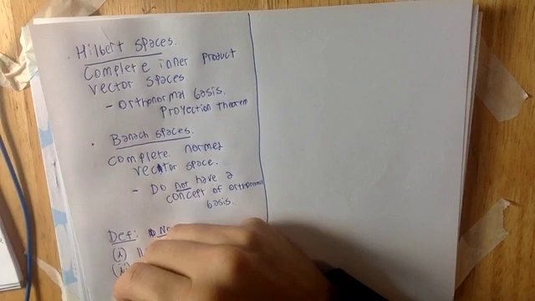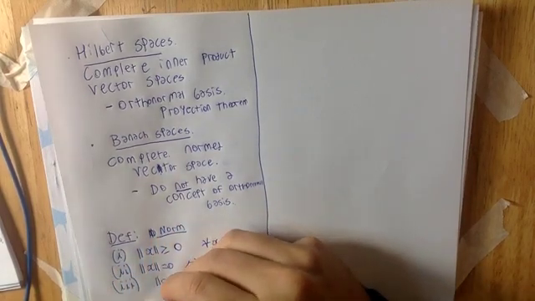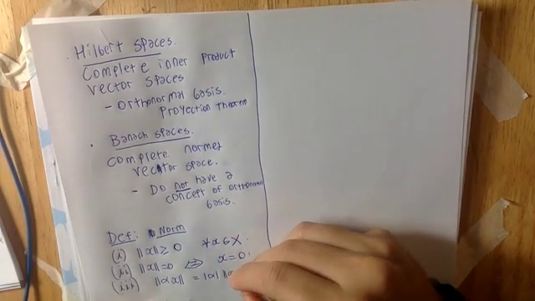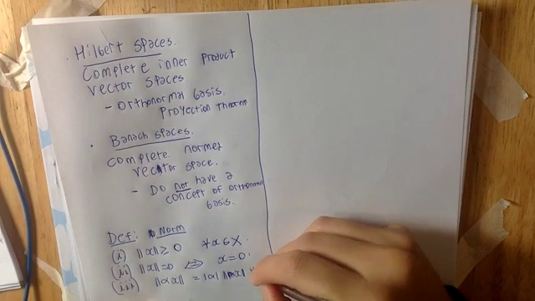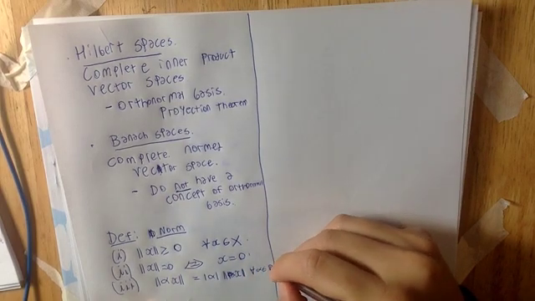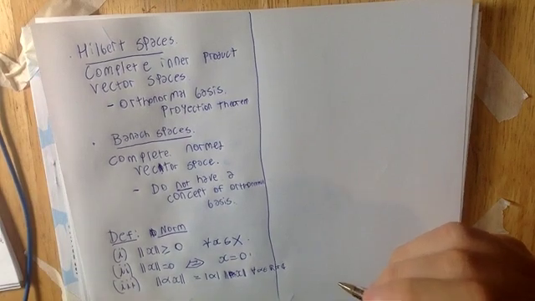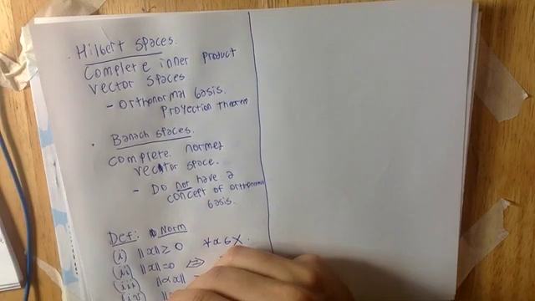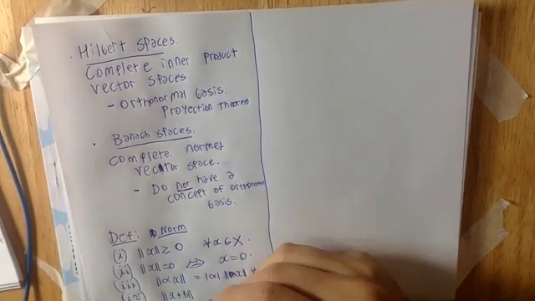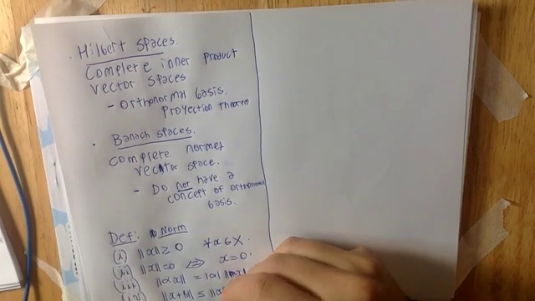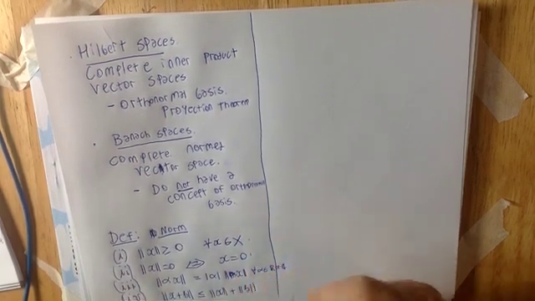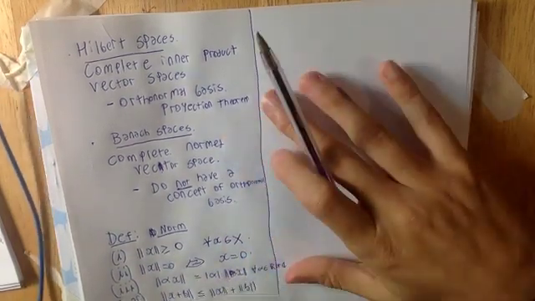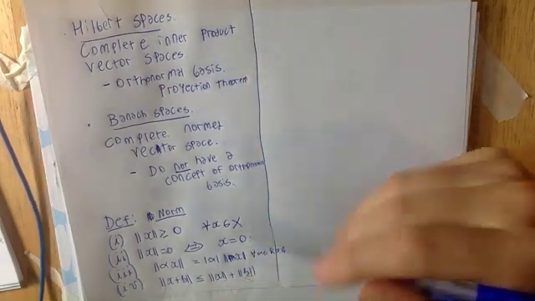And number 3 is that the norm of alpha times x is equal to the modulus of alpha times the norm of x, for every alpha in R or C. And number 4 is the triangle inequality, which is something we need to remember all the time: the norm of x plus y is less or equal than the norm of x plus the norm of y. So this is all the structure that we're going to be asking from our spaces, that they have a norm, and the norm satisfies all of these properties.